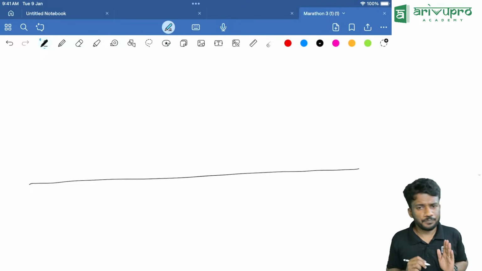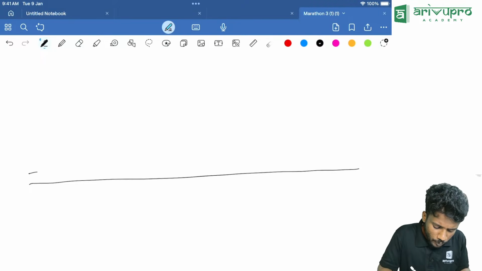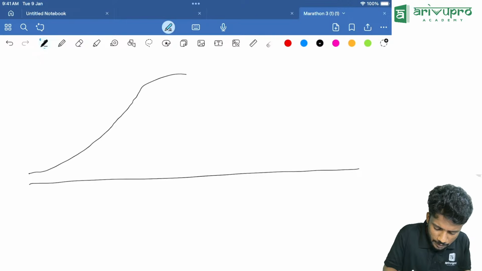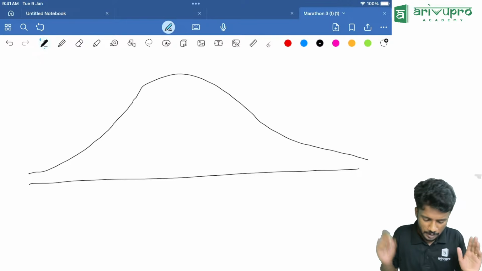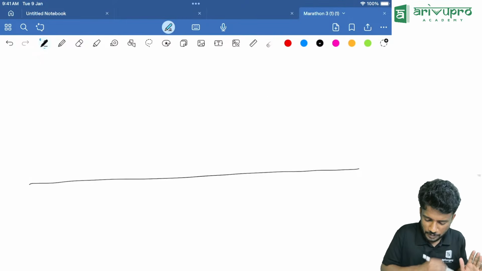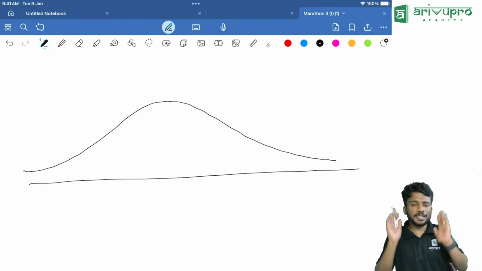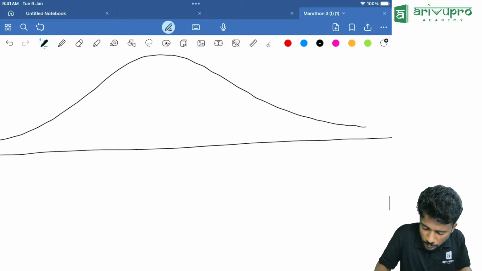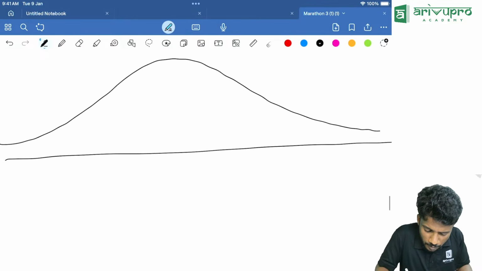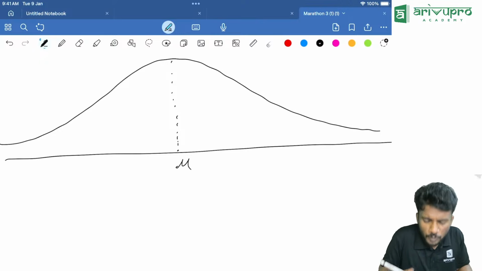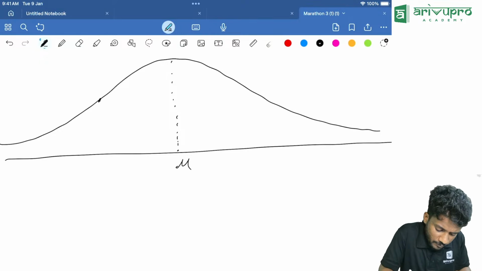Now look here. How does a normal curve look like? Let it look like this. Now, the mid value is mu. Then, what is the point of inflection?